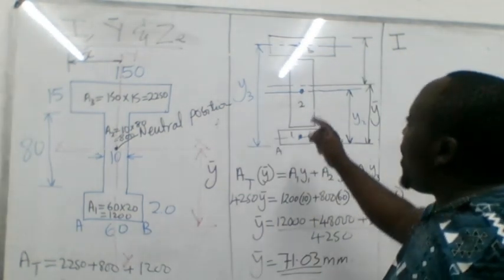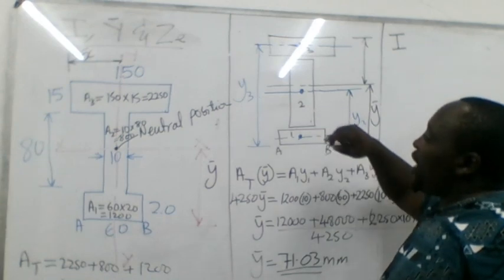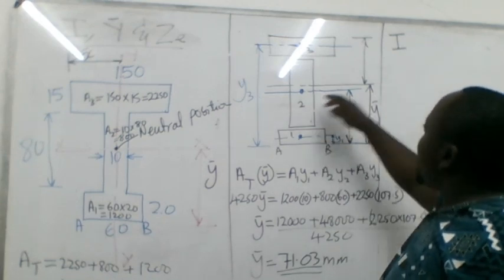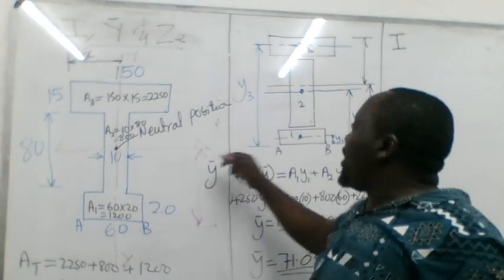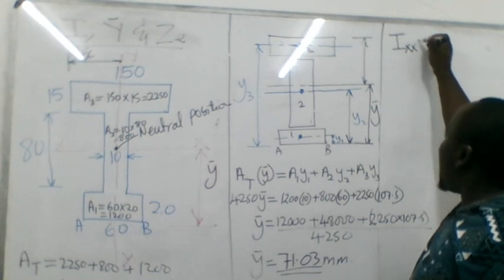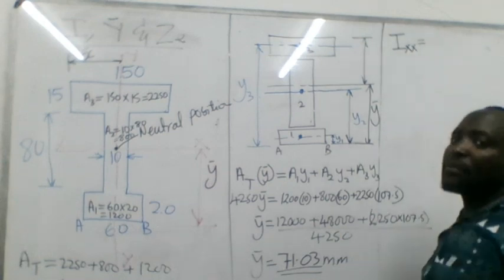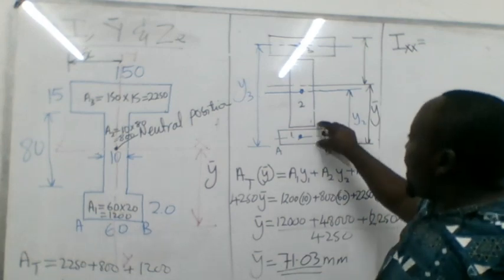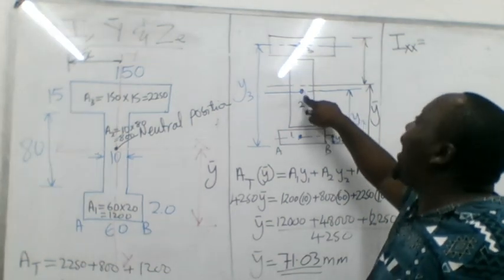The same way we have the strips, we are dealing with I in the x direction. So I in the x direction is equal to this area from the neutral bar.